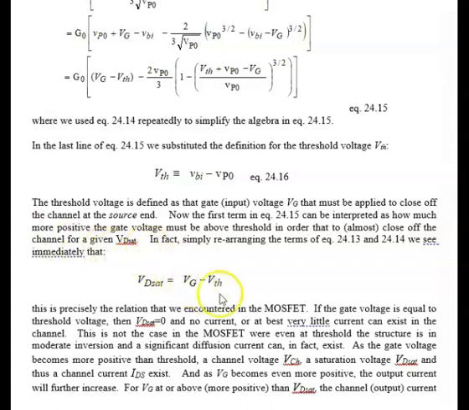And almost everything that we said for the MOSFET carries over to the MESFET. Well, not everything. If VG is equal to V threshold in the MESFET, then VD-SAT is 0, and I get no current whatsoever. Or maybe a little bit of current, but not too much. This is not the case in the MOSFET.